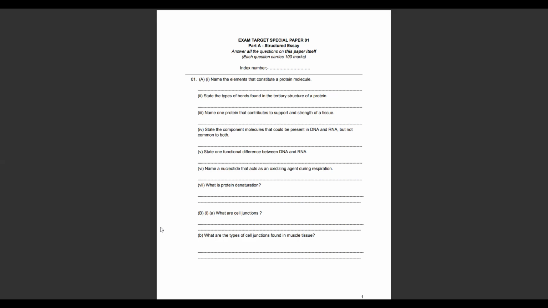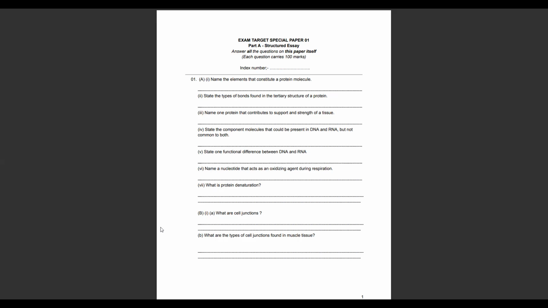Part B. What are the types of cell junctions found in muscle tissue? Right? First one, anchor junctions. Anchor junctions can be found in the muscle tissue. Anchor junctions are also called desmosomes. Right? You can write either anchor junction or desmosomes. And in the heart muscle, gap junctions are present.